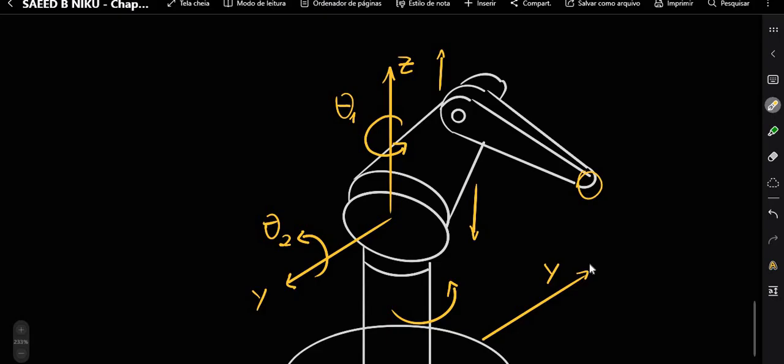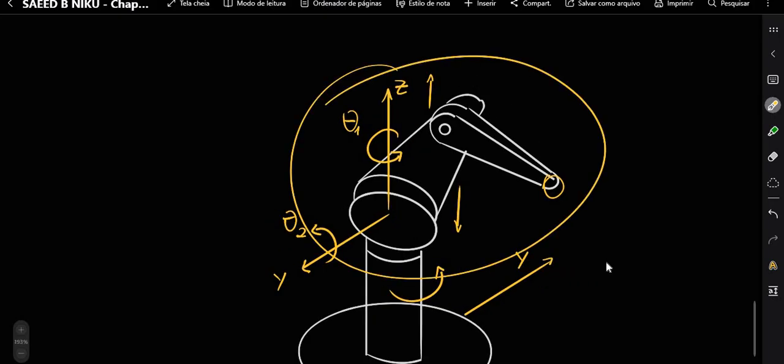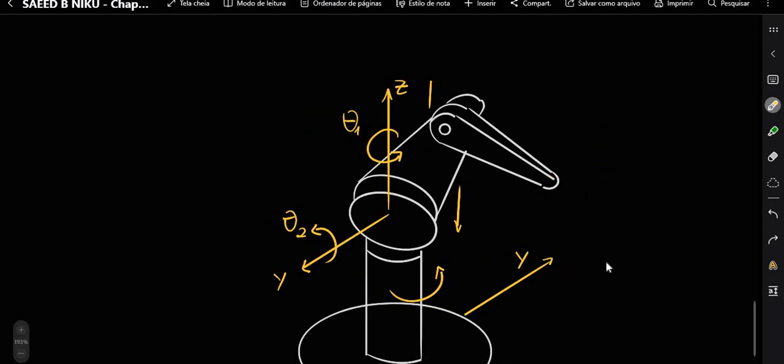So this whole system is a robot arm which is made of joints and links.